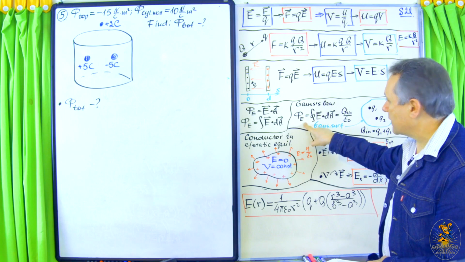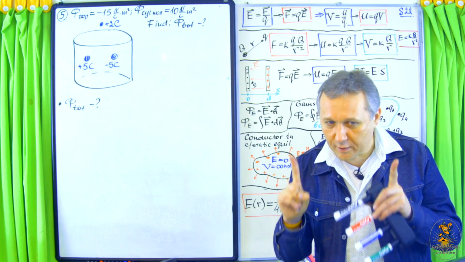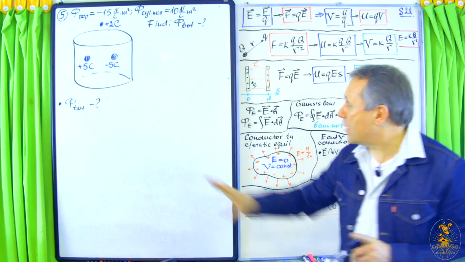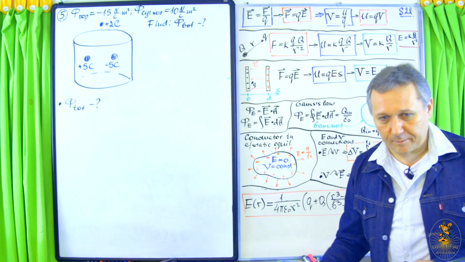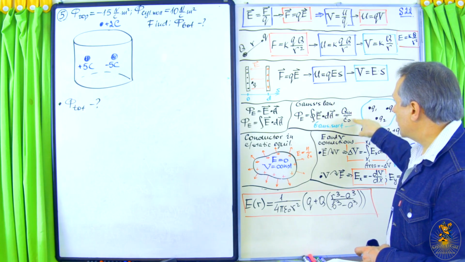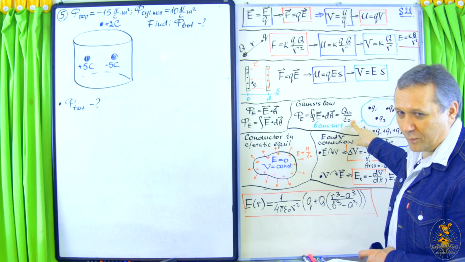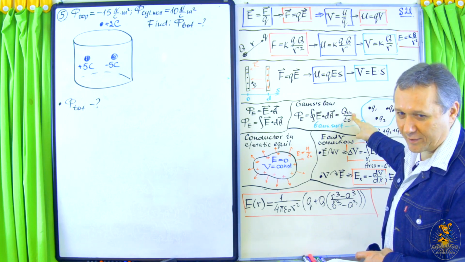The left-hand side is just the total electric flux through the closed surface. In our case, the closed surface is this cylinder. So total flux equals what? Q enclosed over epsilon naught. What's the total enclosed charge inside of the cylinder?